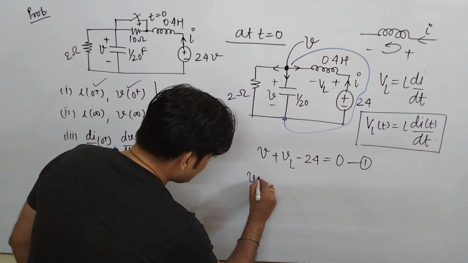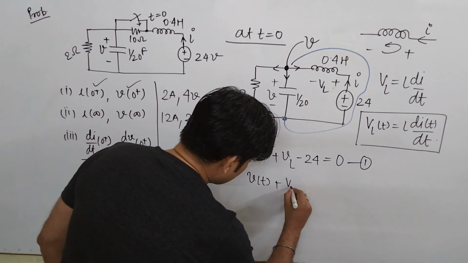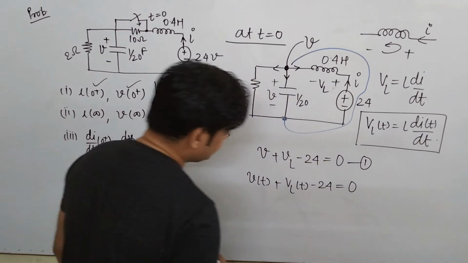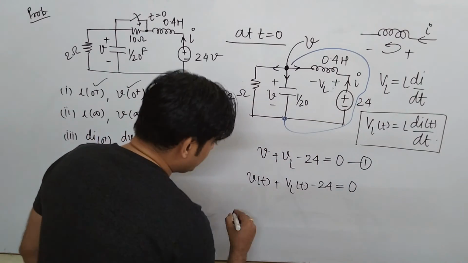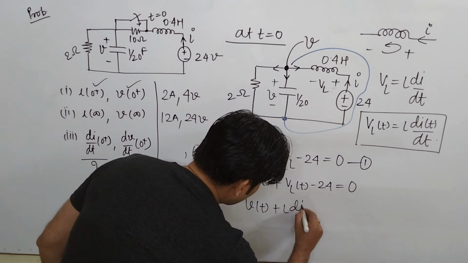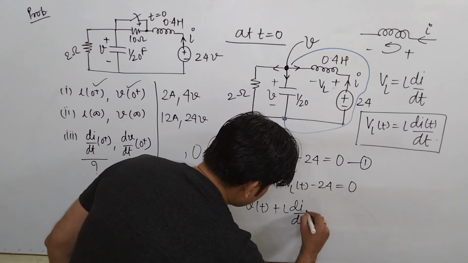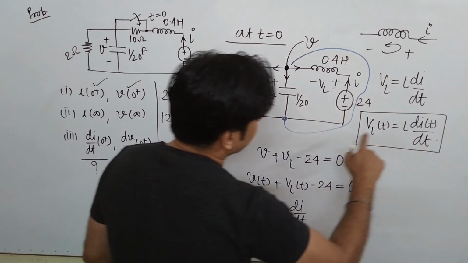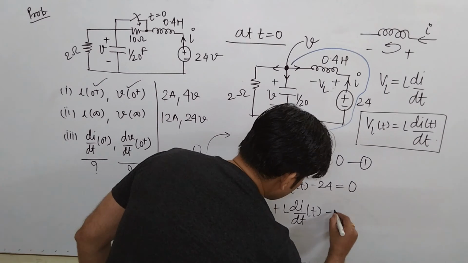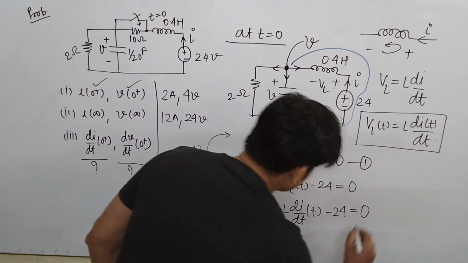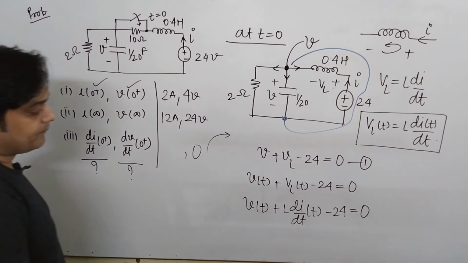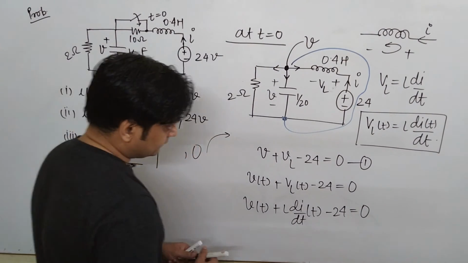Or you can say it is basically V(t) plus V_L(t) minus 24 is 0. The V_L(t) is what? It is L di/dt, or you can say I am writing it as L di(t)/dt, minus 24 is equal to 0. Okay, so this is our equation.